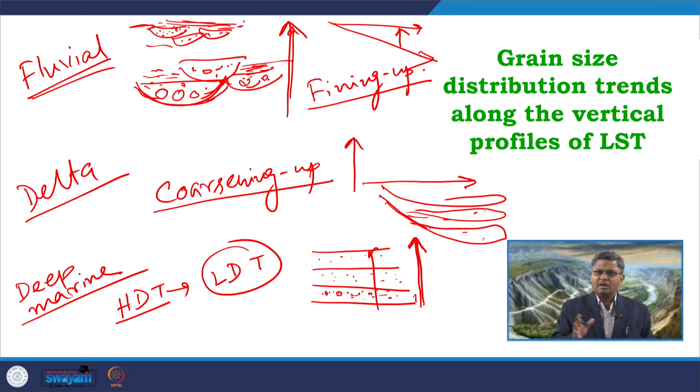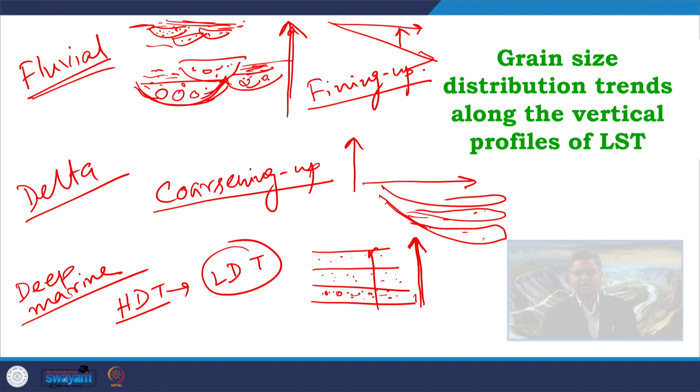So within the LST phase, over the entire vertical profile, if I look at any section from fluvial to marginal marine to the deep marine part, we can get varied distribution of grain sizes in different parts, and that will result in different types of stratal stacking patterns and different types of facies architecture characteristic of the LST in these different sedimentary environments.